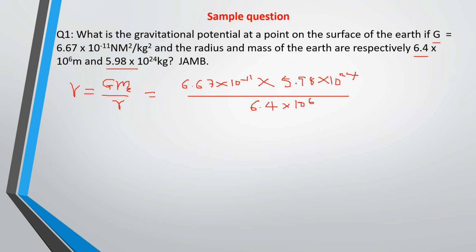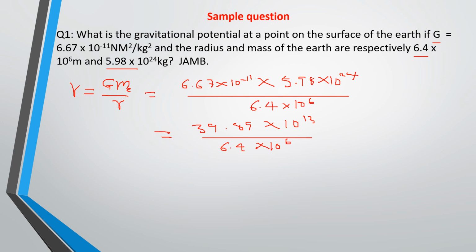If you multiply this out, you are going to have 39.89 times 10 raised to power 13, all over 6.4 times 10 raised to power 6.